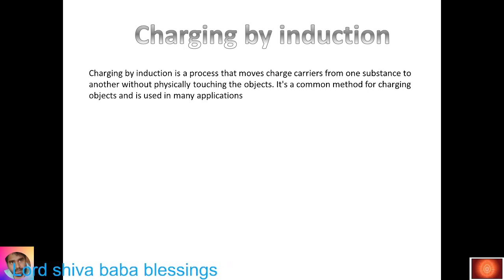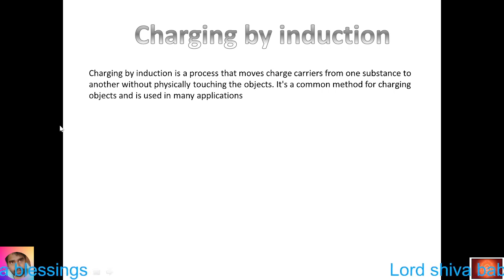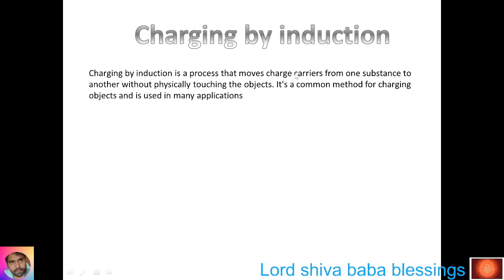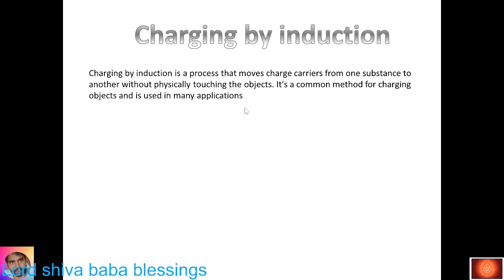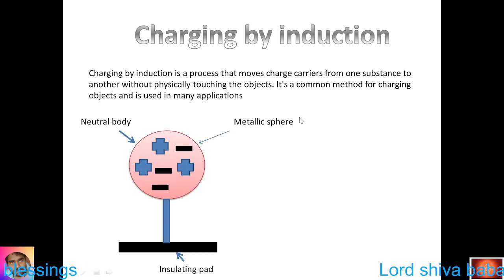Now let us consider another technique, that is charging by induction. In this process, charge carriers move from one substance to another substance without any physical touching. That process is called induction. Let us consider an example.